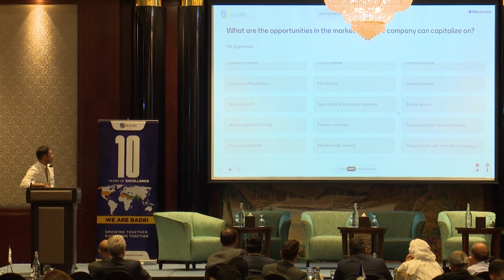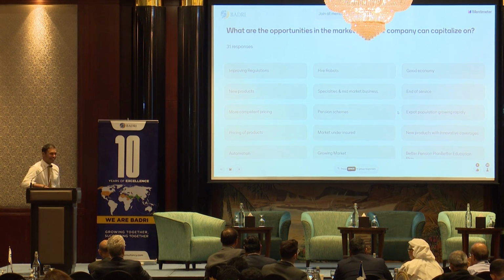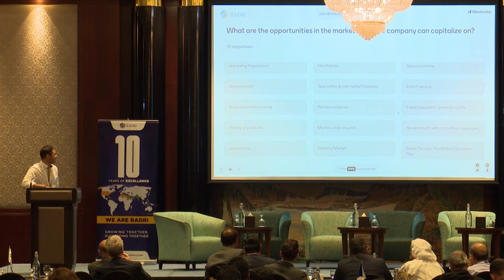More competent pricing. That is more of a wish. Market underinsured. That is actually an opportunity because there's a lot of large scale insurance that is possible in this market.